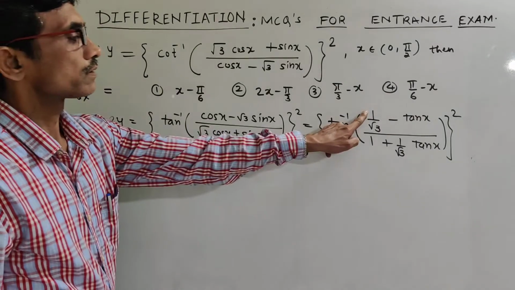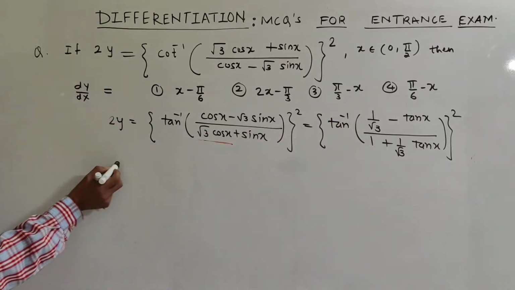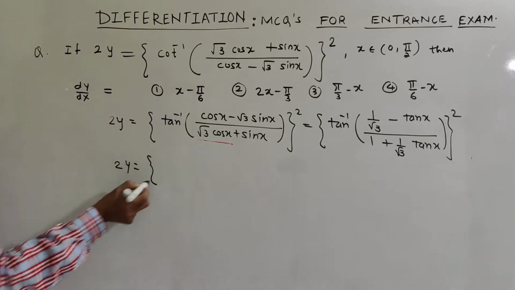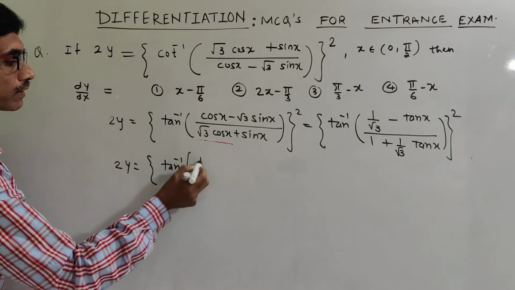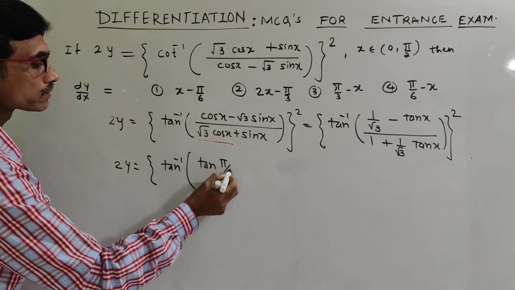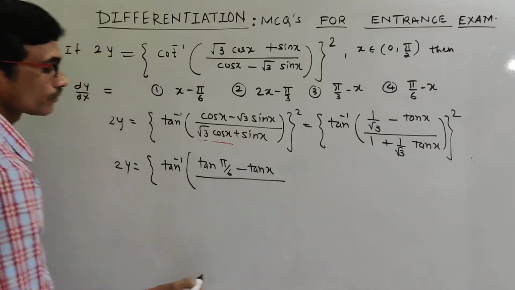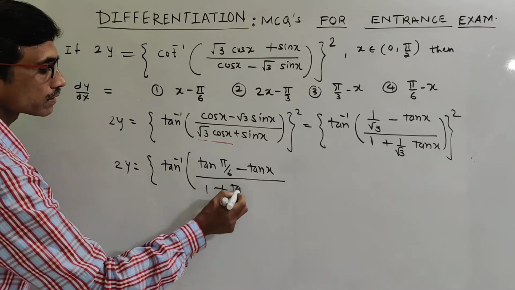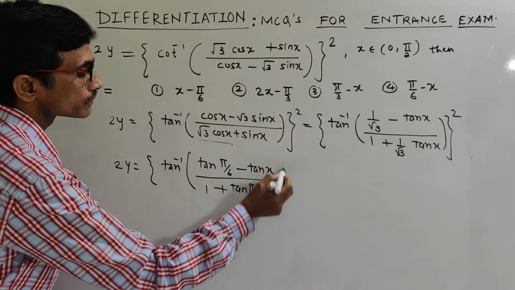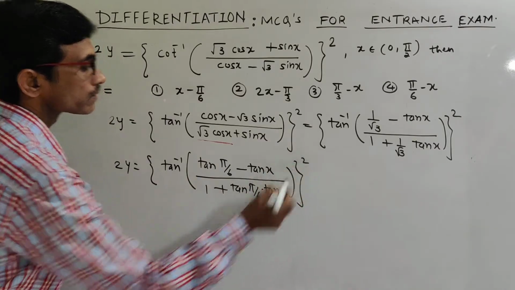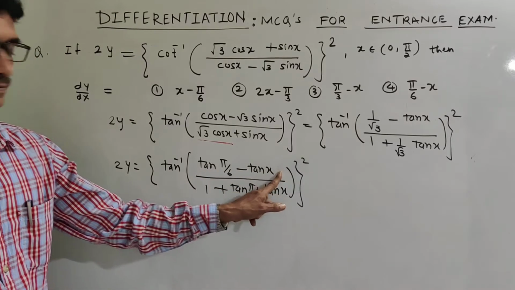Now this 1 by root 3 is tan of pi by 6. So 2y is equal to tan inverse of (tan of pi by 6 minus tan x) upon (1 plus tan pi by 6 into tan x), bracket square. Now it is tan of (pi by 6 minus x).